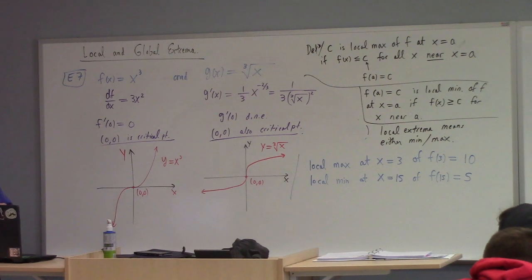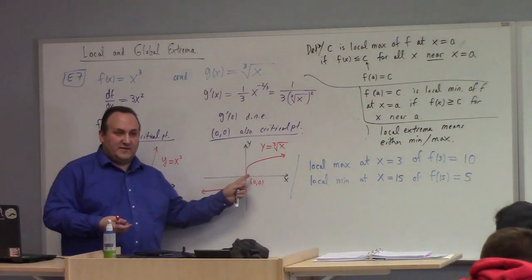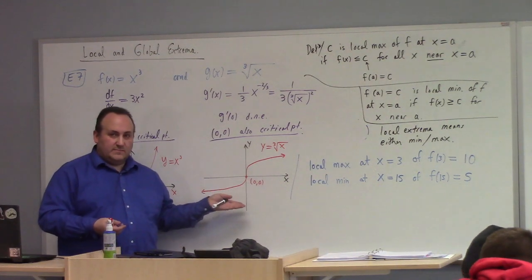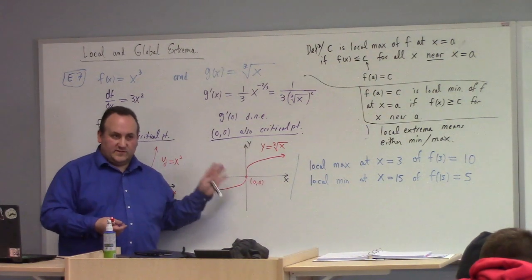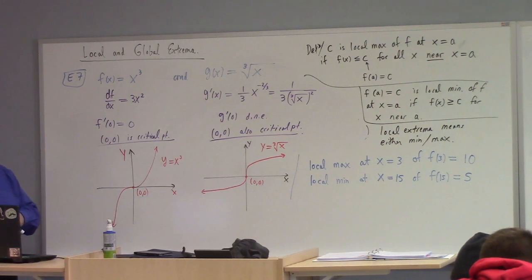Because it's got what's called a vertical tangent, right? The derivative actually goes to infinity in the limiting sense. It's neither a local maximum nor a local minimum because you have values below it and above it, close to the point. So this is another way that a critical point could fail to be a local max or min. Any questions?